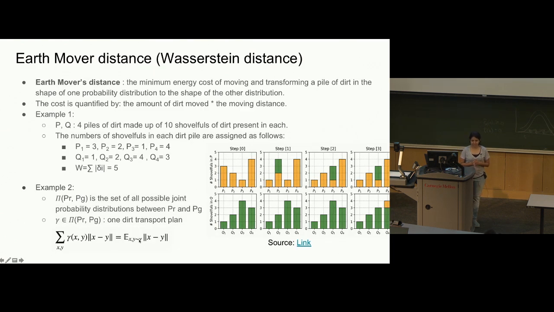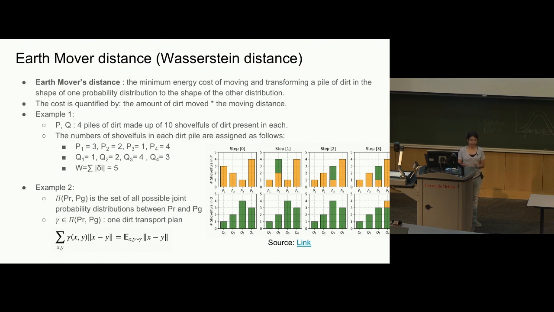Earth mover distance is also known as Wasserstein distance. You can call it short for EM distance, because informally it represents the minimum energy cost of moving and transforming a pile of dirt in the shape of one probability distribution to the shape of the other probability distribution.